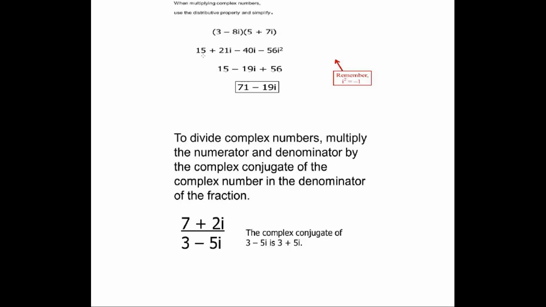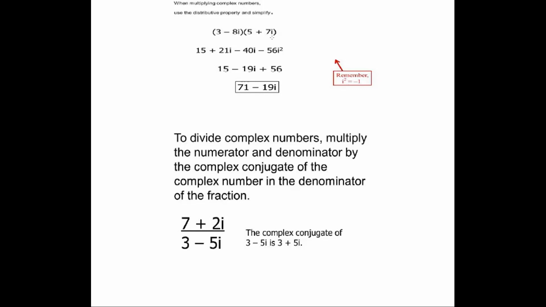Now, concluding all the additions, we will get 15 plus 56 equal to 71, minus 19i. So this is the resulting complex number that comes from the multiplication of these two complex numbers, 3 minus 8i and 5 plus 7i.